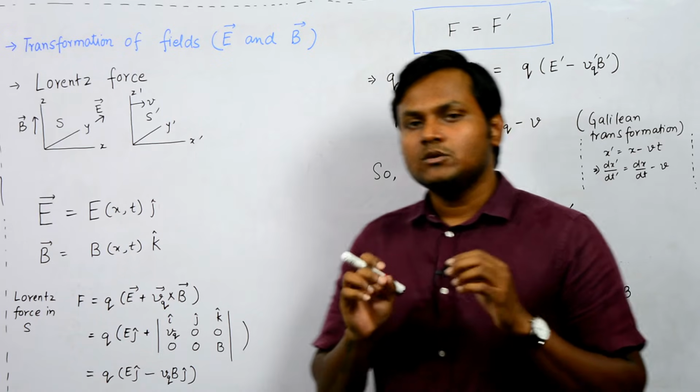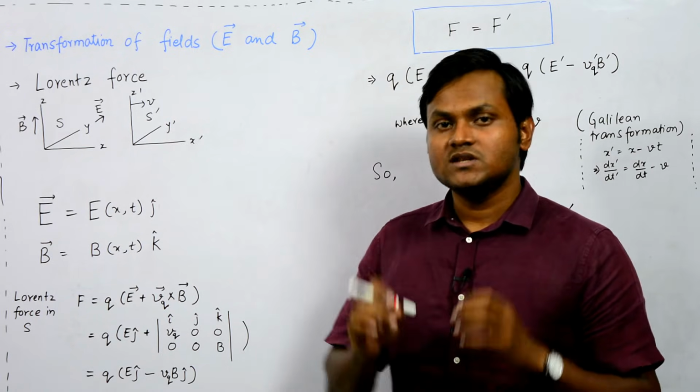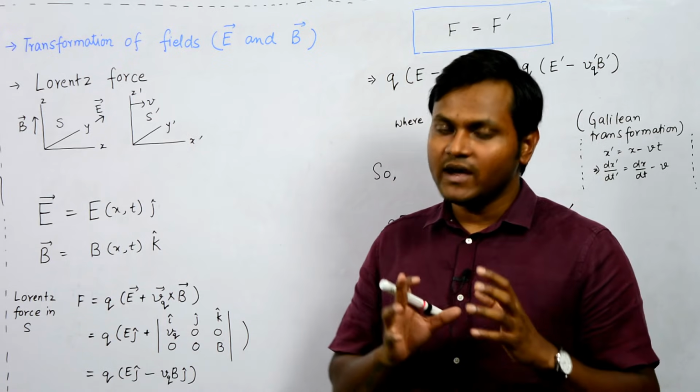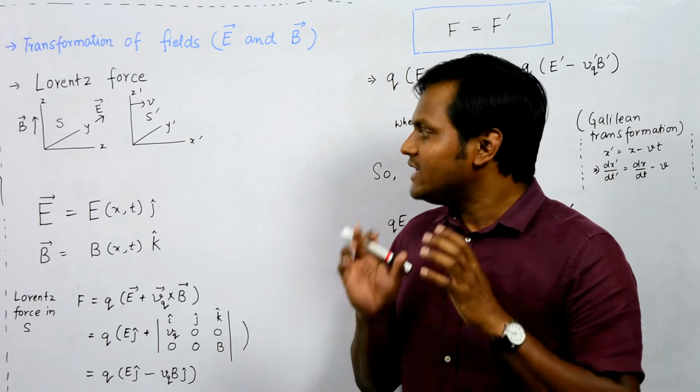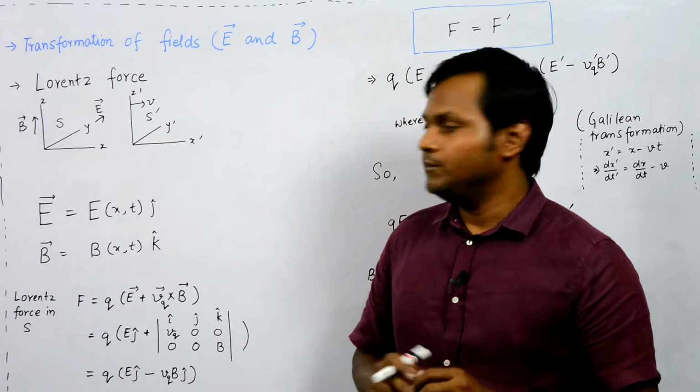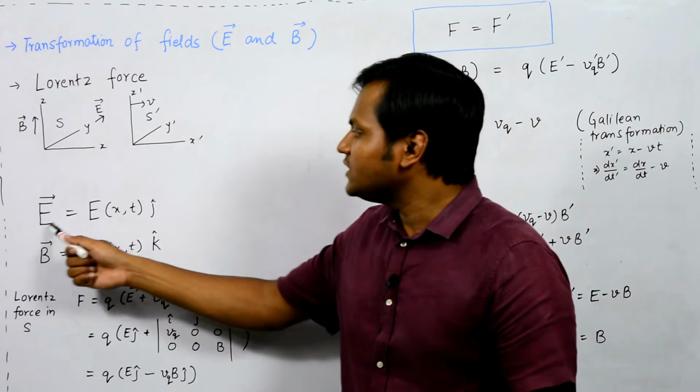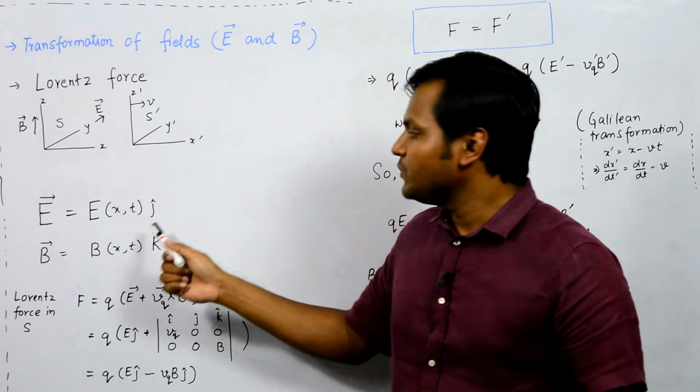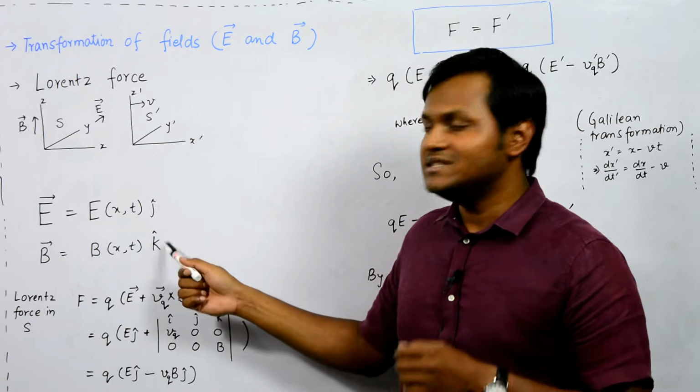Now, since we are talking about three-dimensional space, just so that we simplify these calculations, let's take a very particular example. So let's suppose that we have an electric field which is going in the y-axis, and we have a magnetic field which is going in the z-axis.